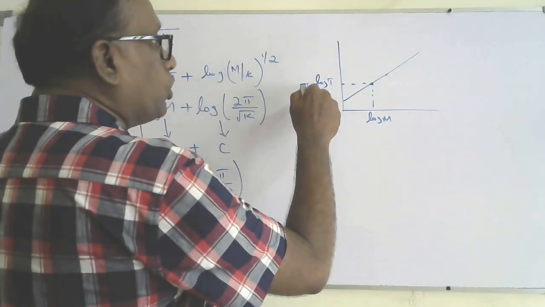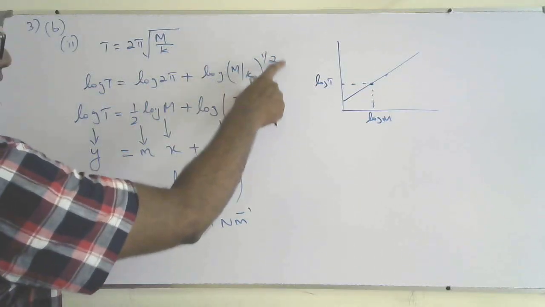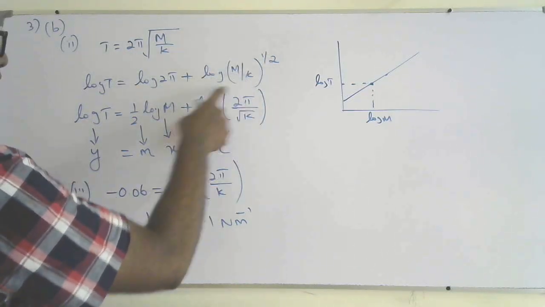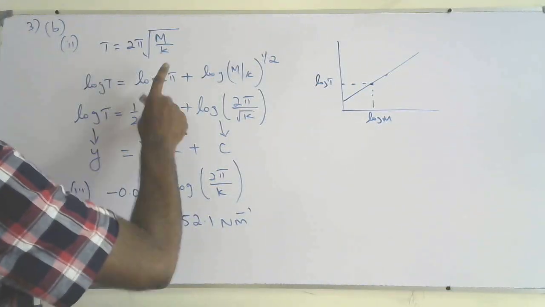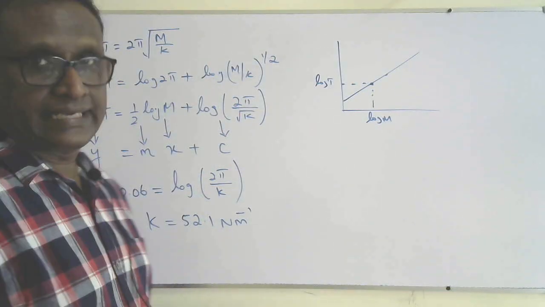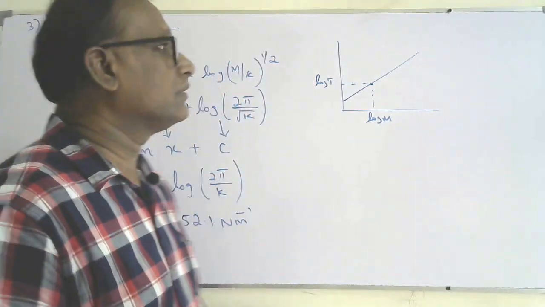So you know the log t and log m values. Substitute those values in this equation and solve it. You will get the k. In case you are unable to get the intercept point, you have to do it that way.